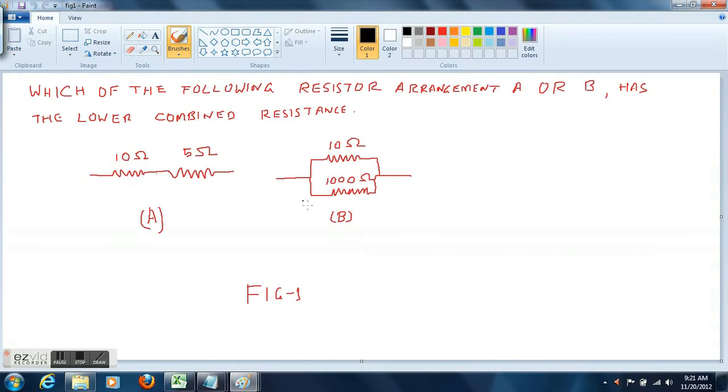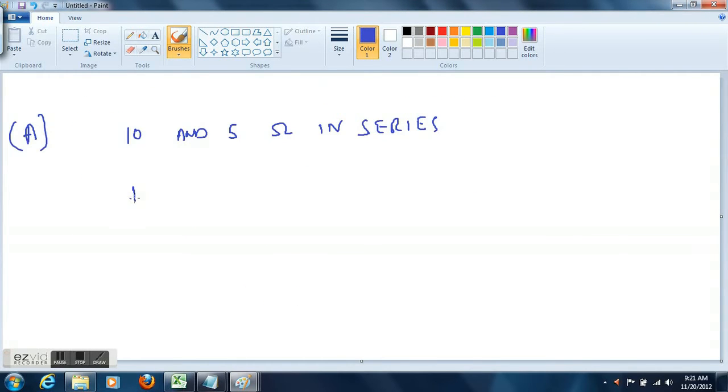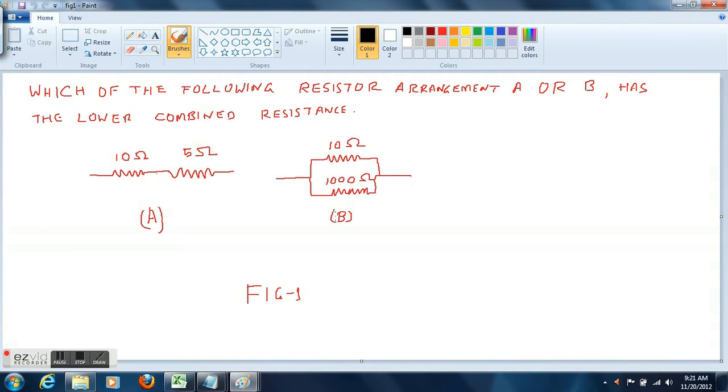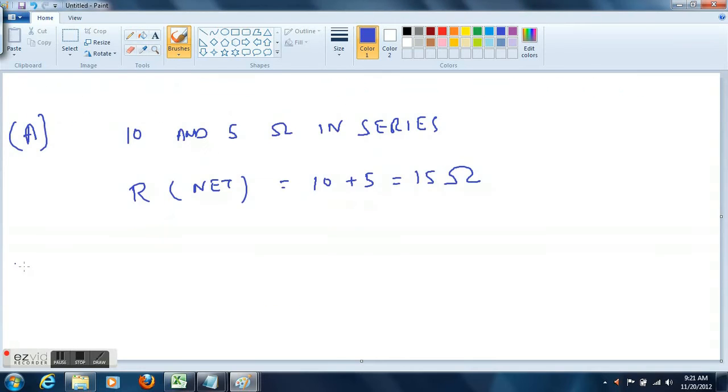Then the net resistance, if that be R, is the algebraic sum of the individual resistances, that is R equal to 10 plus 5, which is equal to 15 ohms. So that is the net resistance.